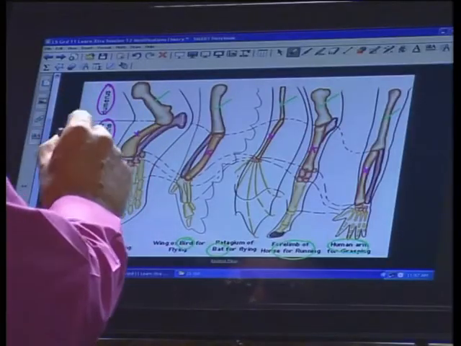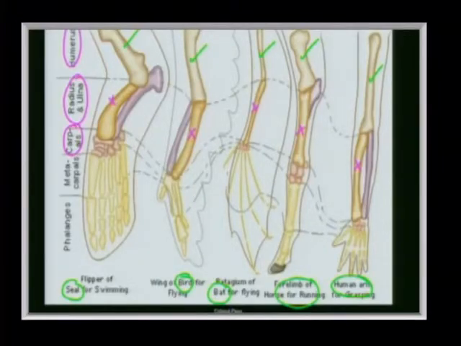So we can have a look here. There's the humerus, there's the radius and the ulna, your carpals, which make up, for humans, our wrist, our metacarpals, these larger sections here, in other words the palm of the hand, and in the fingers that would be your phalanges. So look carefully.